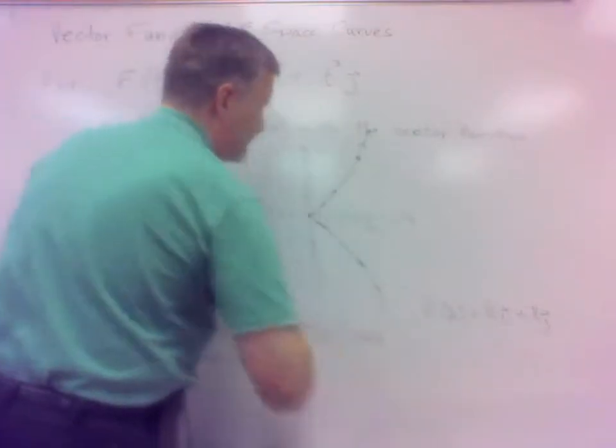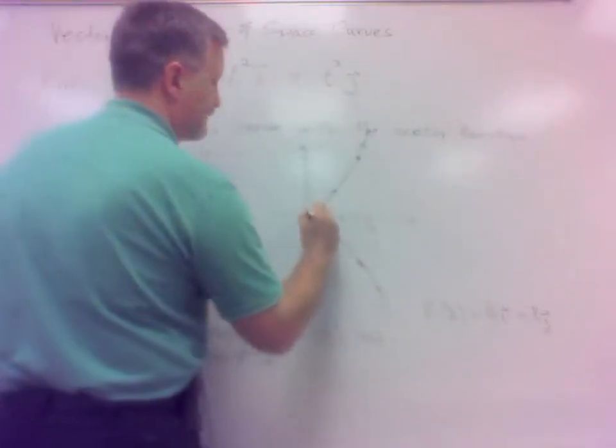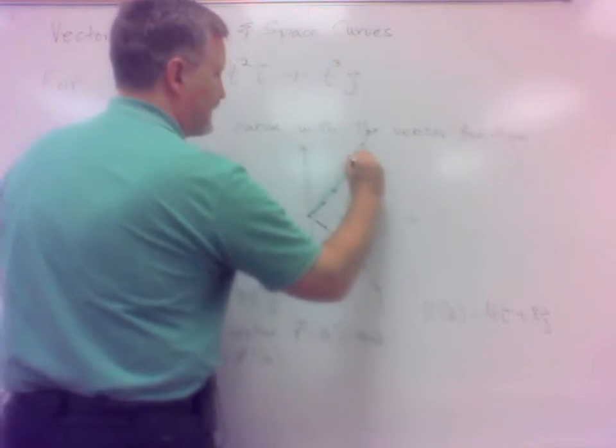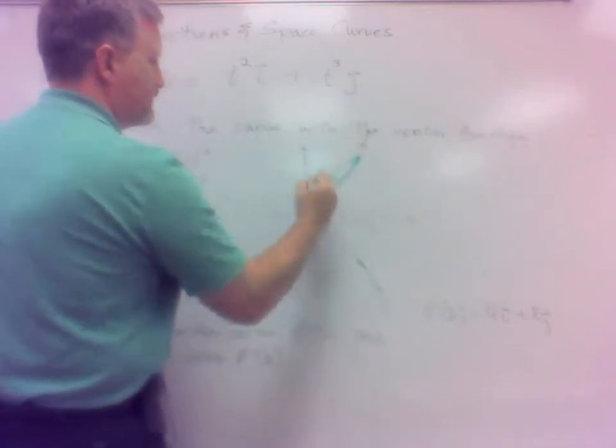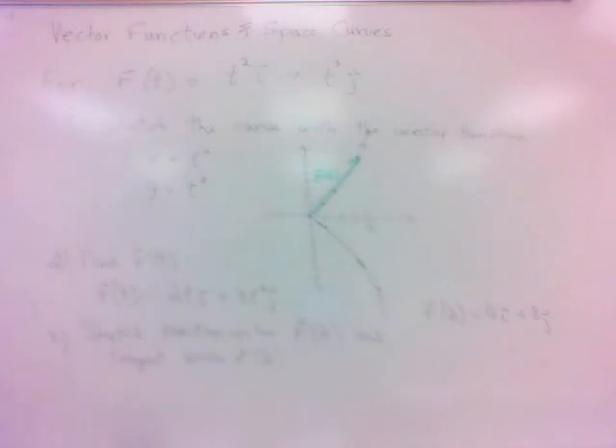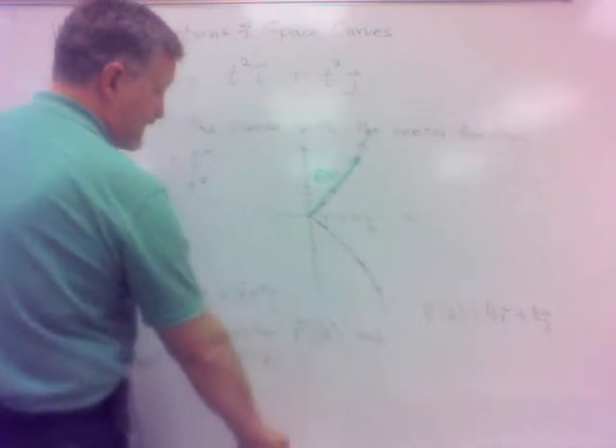So that right there would be r(2). The actual vector associated there is that vector with the terminal point at (4, 8).